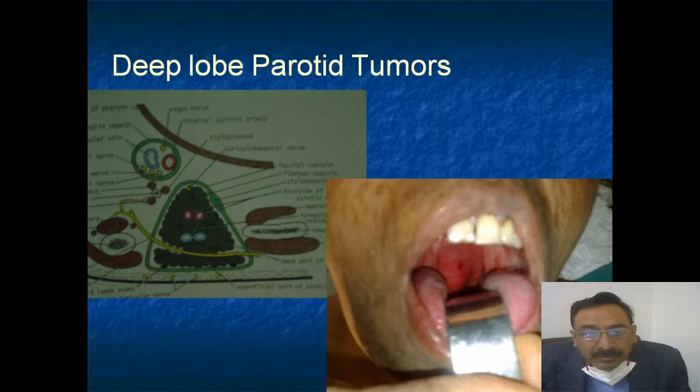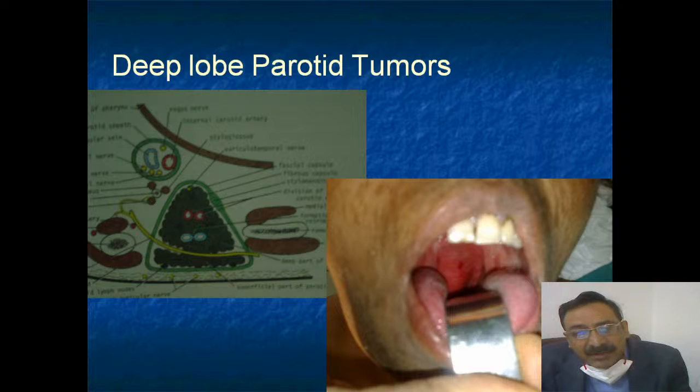Most deep lobe tumors are silent. You will not see them clinically. But at the same time, if you come to an exam and you don't look for the signs of a deep lobe tumor, then you have obviously not done your job. So what are the signs of a deep lobe tumor? The sign is primarily a bulge intraorally. You will generally see it behind the tonsil. The lateral pharyngeal wall posterior to the tonsil will be bulging medially, and you can sometimes see it.